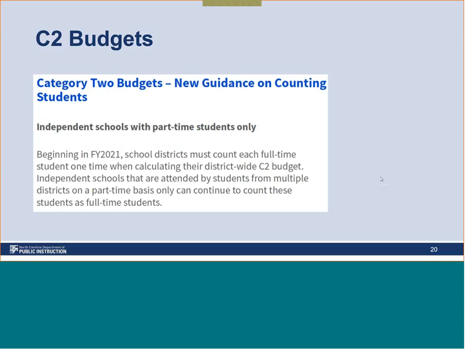Also, starting in 2021, there was no longer part-time enrollment. School districts have to count each full-time student one time. Independent schools that are attended by students from multiple districts can continue to count these students as full-time students.